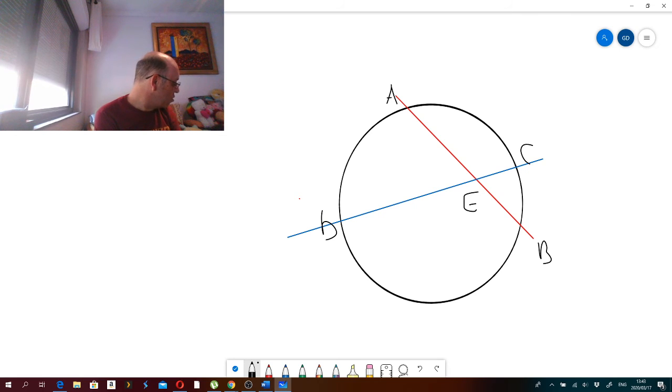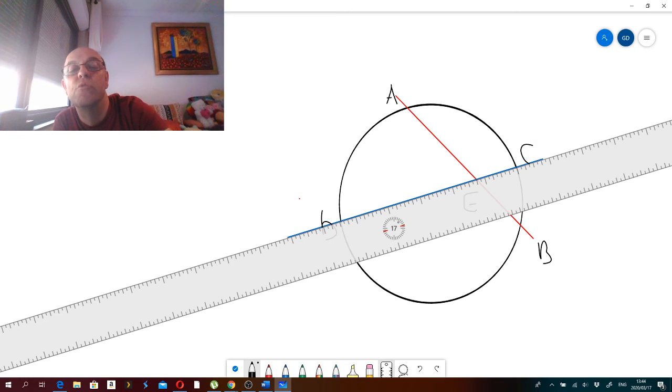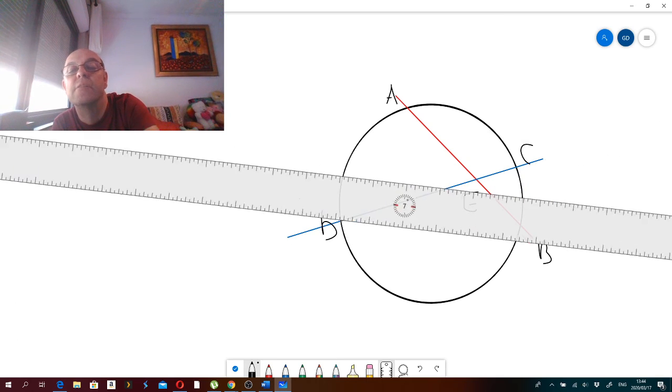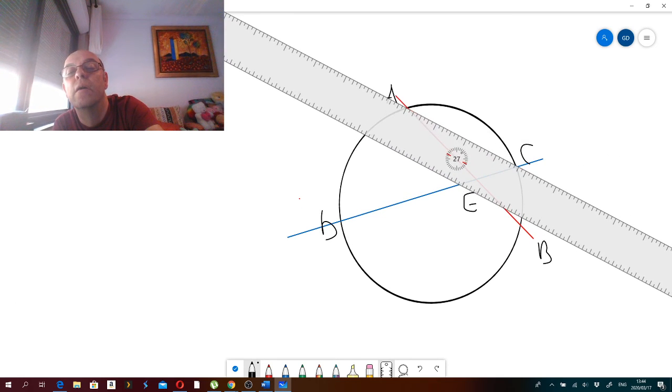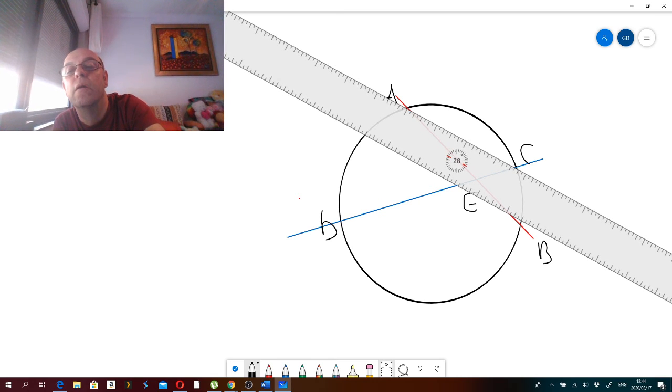Now they say show that the triangles ACE and BDE are similar. So in other words, we're going to make a triangle shape now, and I think we can possibly use the ruler for that again. Let's draw our ruler point here. There we go.